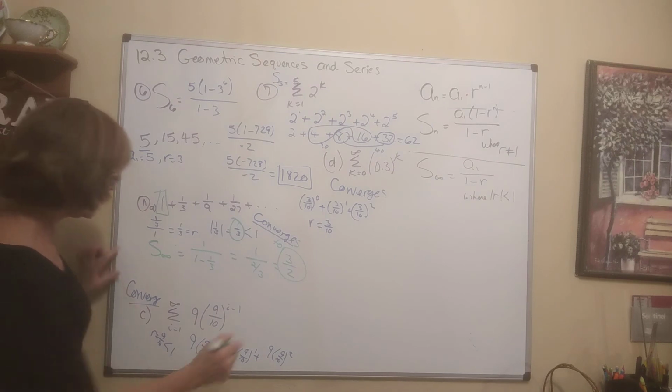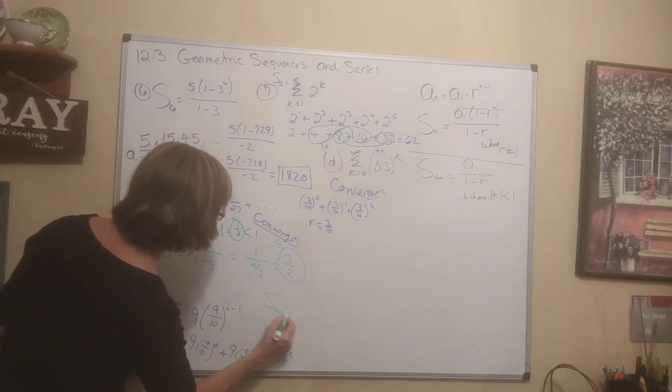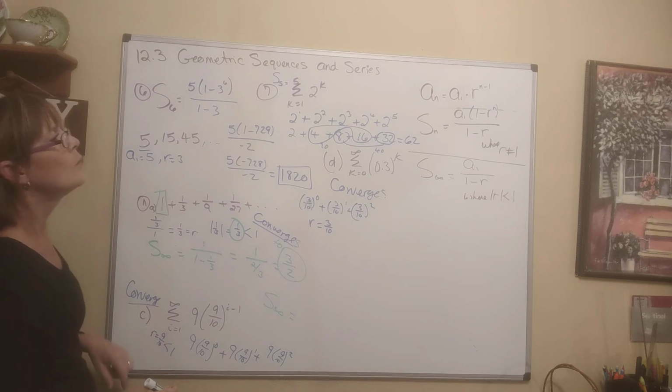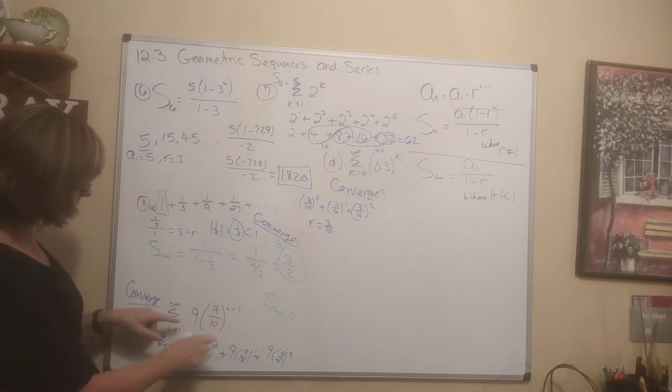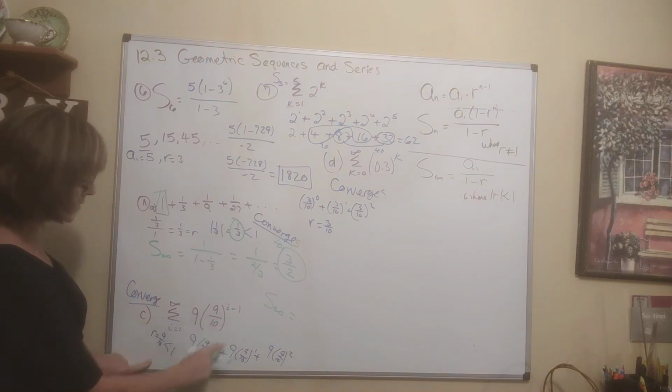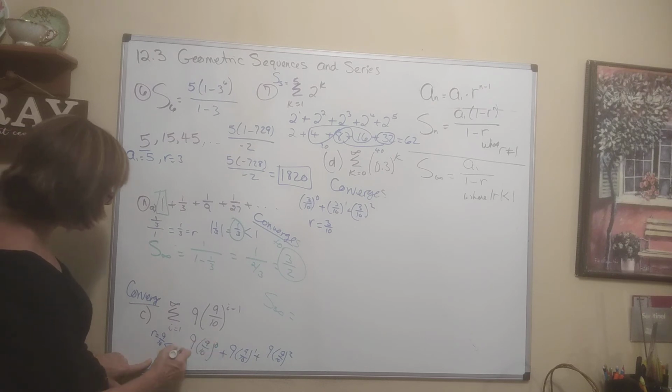C, let's figure out this guy. What does he converge to? The sum to infinity is equal to a sub 1. What is a sub 1? Well, you got to kind of figure it out. Let i be 1. 1 minus 1 is 0. I already wrote this down, so I'm going to use this work I did. 9/10 to the 0 is really just a 1. So 9 times 1 is 9. 9 is the first term.